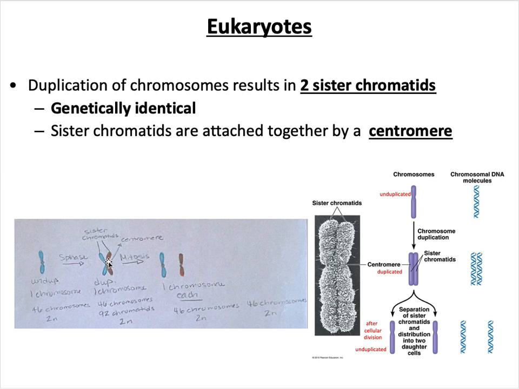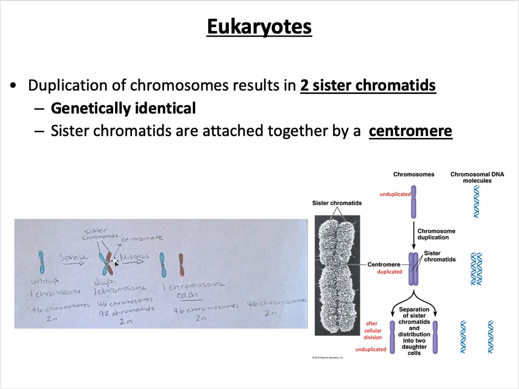And then each of these duplicated chromosomes have what's called sister chromatids. So this blue is a sister chromatid that is identical to this sister chromatid, that's like a reddish brown color. So this one duplicated chromosome has two sister chromatids.